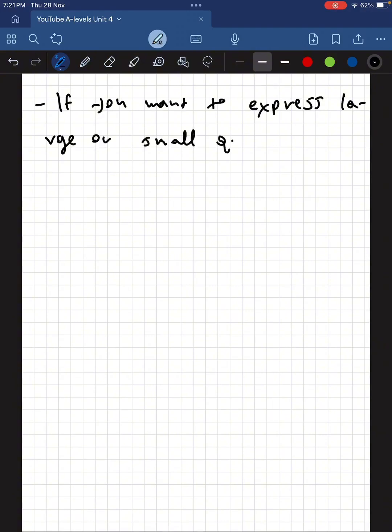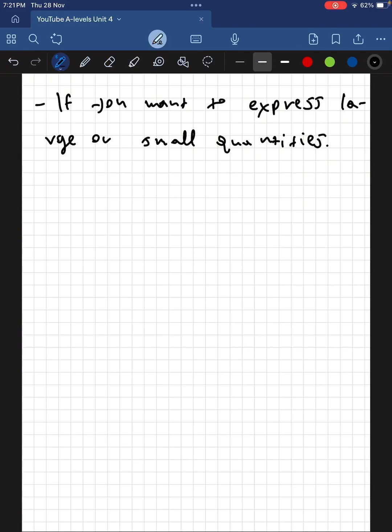If you want to express large or small quantities, you use prefixes in front of your base units or your derived units.